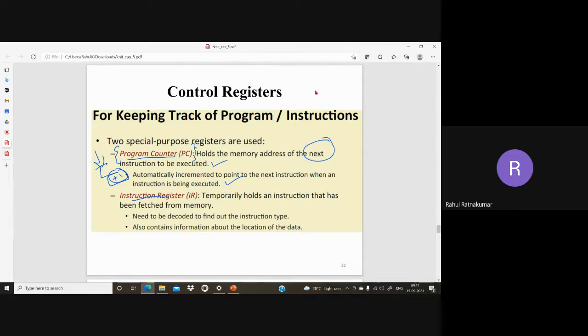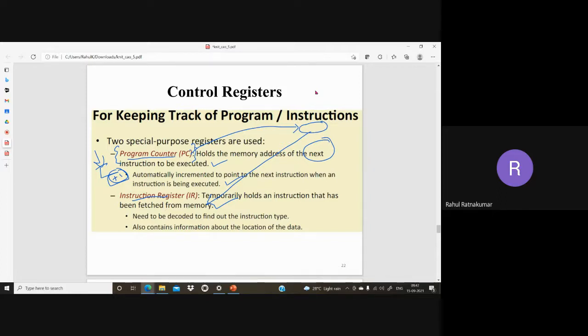Once the program counter tells which location my next instruction is coming from, that instruction, when it is being executed, comes to the instruction register. Program counter stores the address, but the instruction register stores the specific instruction.